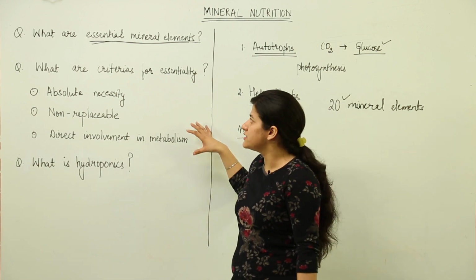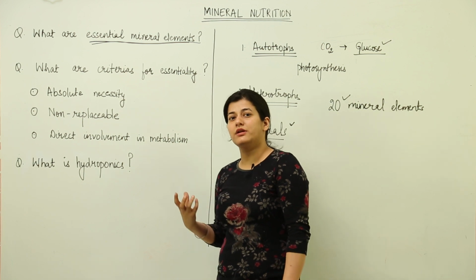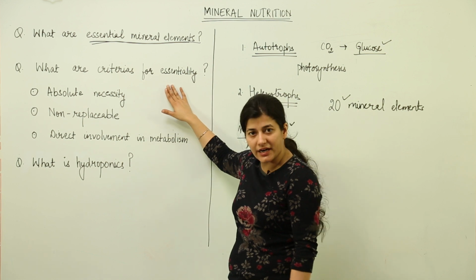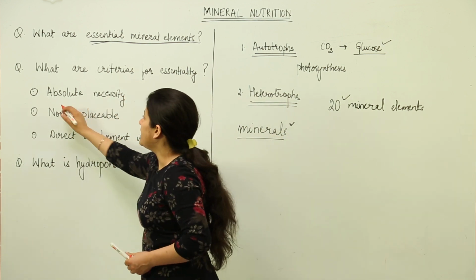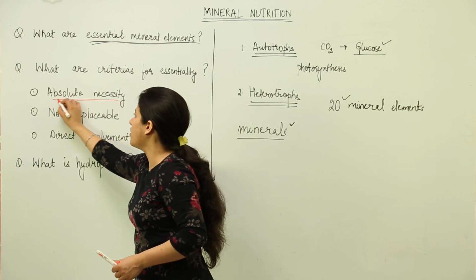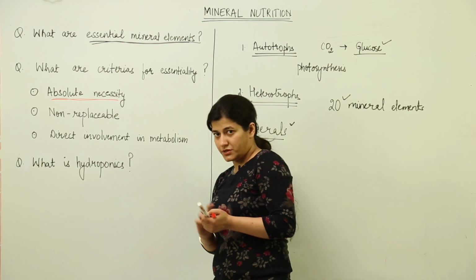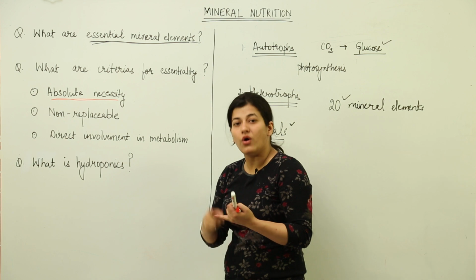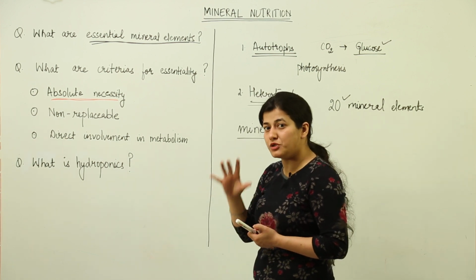Certain botanists studied the criteria, what basically makes a mineral element essential for plant growth. There are certain criteria. The first is that the plant should be in absolute necessity of the particular mineral. That means the plant cannot do without that mineral, which means that the reproductive growth or the vegetative growth of the plant cannot be completed. It would be incomplete.